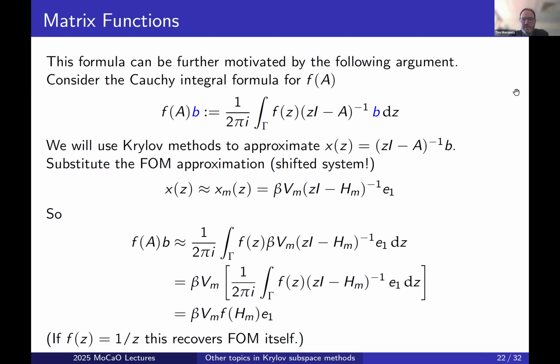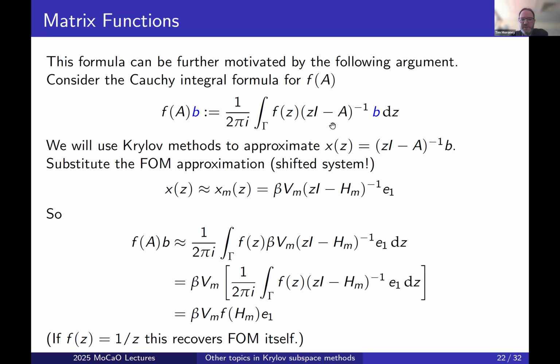This is a standard result in complex analysis, but if you just take it seriously and imagine what it would look like if A was a matrix, it turns out to be equivalent to every other definition of matrix function. And therefore, matrix function times a vector looks like this. Hey, shifted systems. Look at that. We're integrating around some contour enclosing the eigenvalues of these shifted systems.